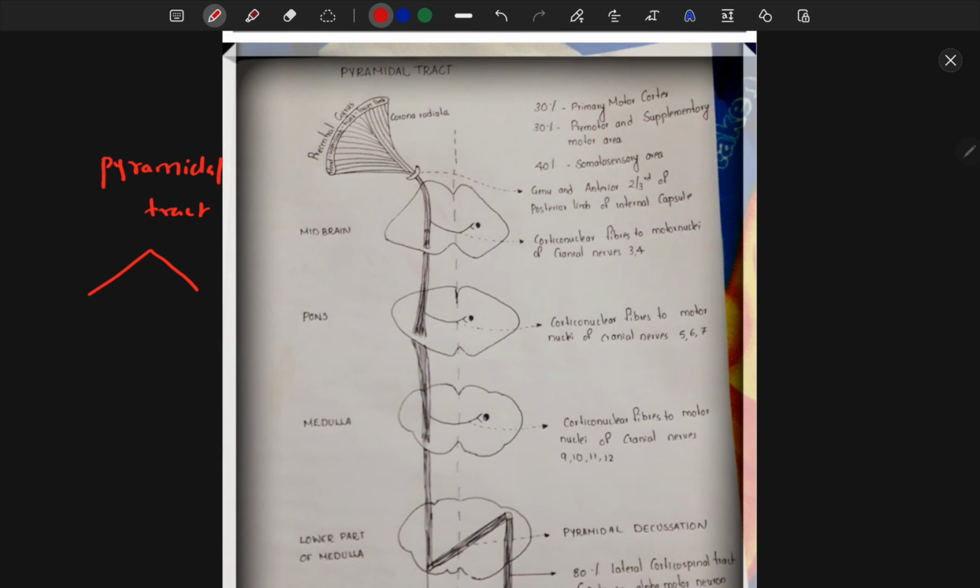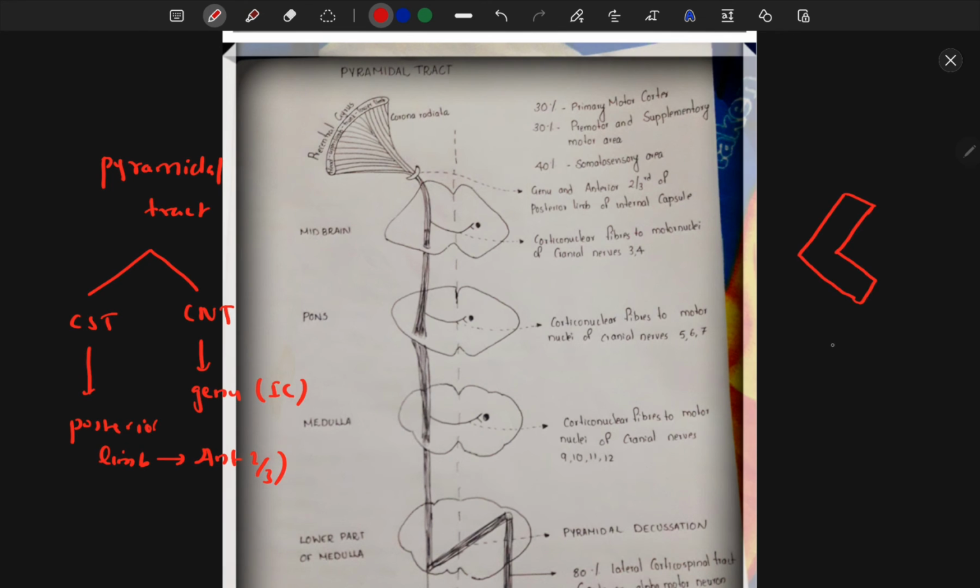In the pyramidal tract, we have the corticospinal tract as well as the corticonuclear tract. The corticonuclear tract passes through the genu of the internal capsule, whereas the corticospinal tract passes through the posterior limb of the internal capsule, the anterior two-third portion.